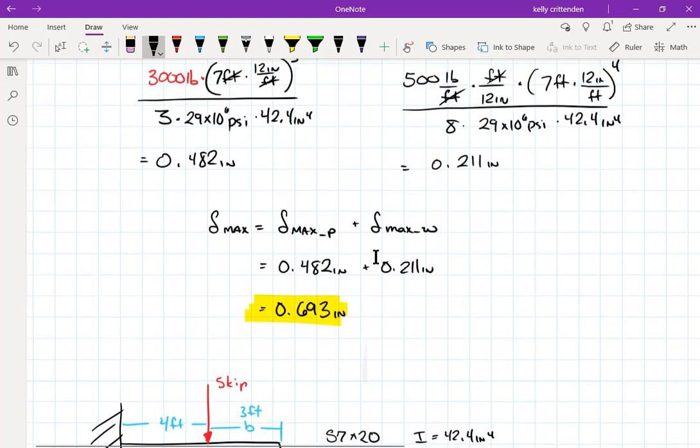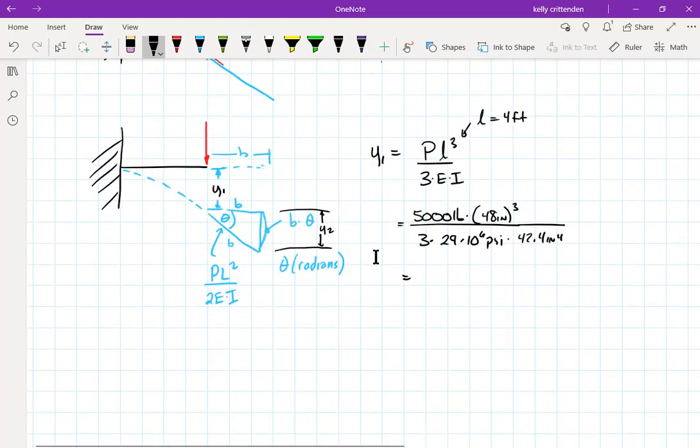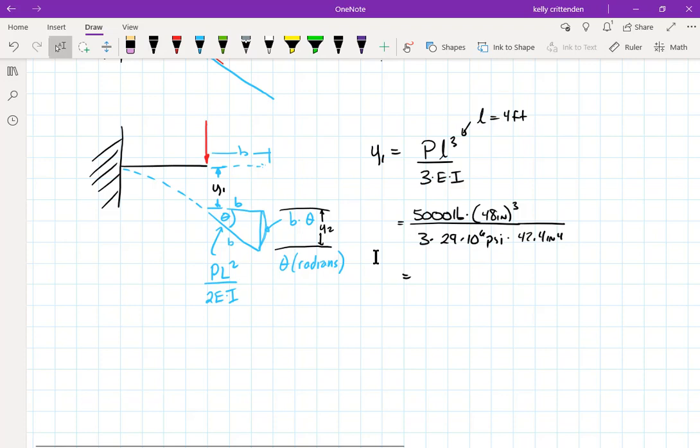Is it just 3, right? Yeah. Divided by 29 million, divided by 42.4. 0.15 inches.